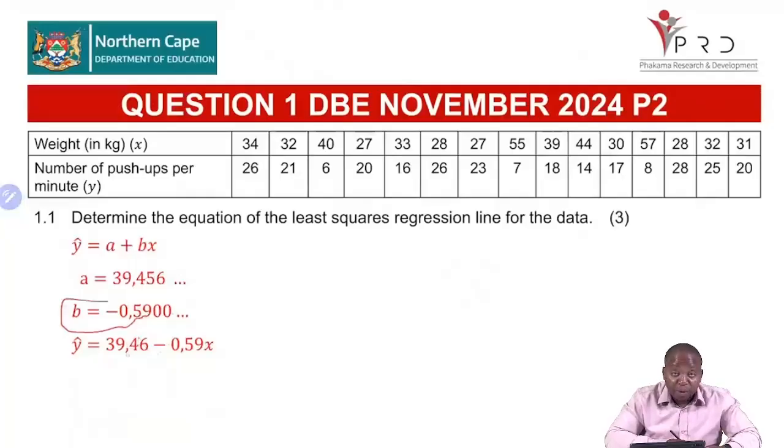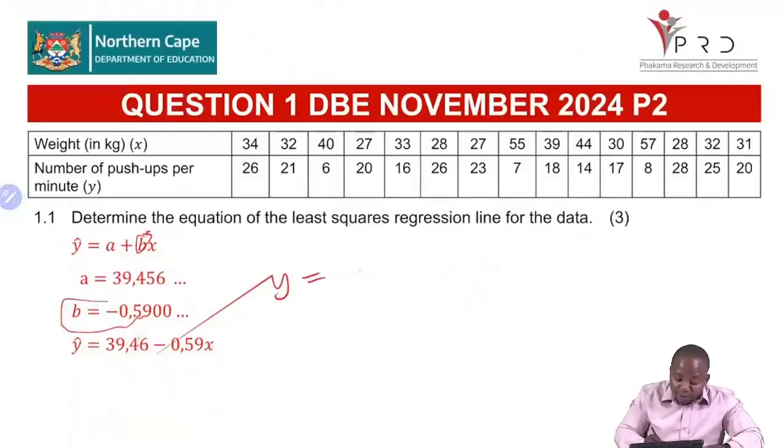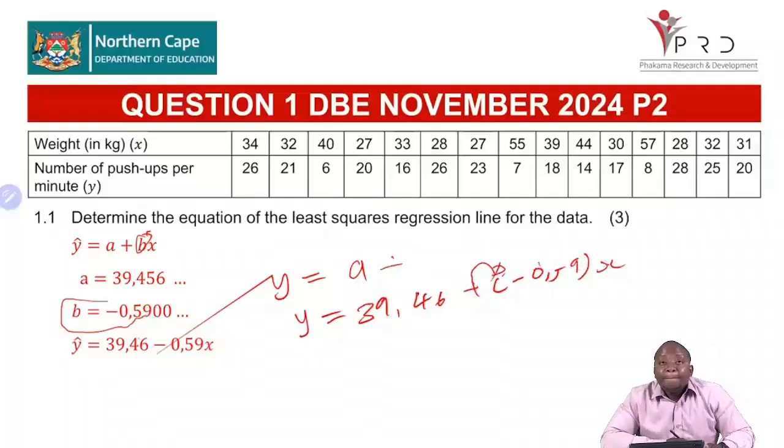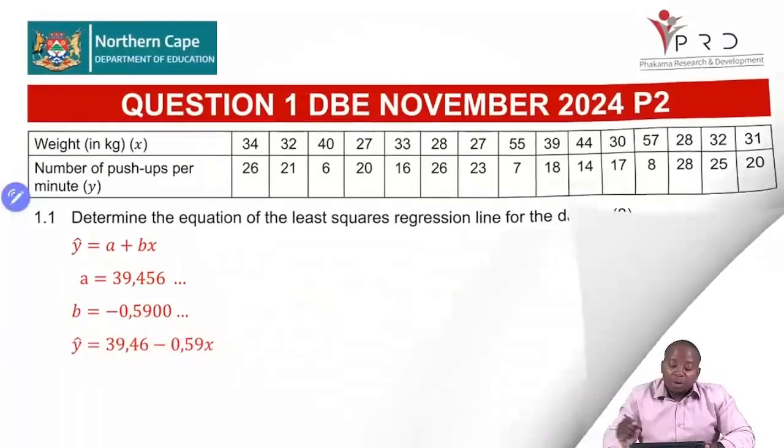Our a was 39,46 plus our b, which is negative 0,59, times x. The positive and the negative have multiplied, that's why we have a negative there in the middle. So that is our least squares regression line. We're going to get a mark for a and b and the whole equation being correct.